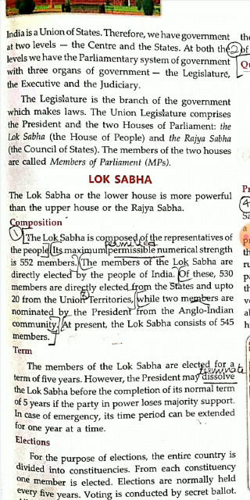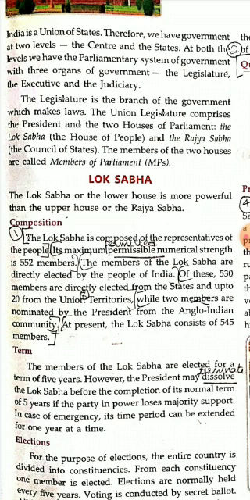The Anglo-Indian community is a community which exists in India, and it has a mixed Indian and Briton descent. 2 members are nominated from this community. So in total we have 552 members.